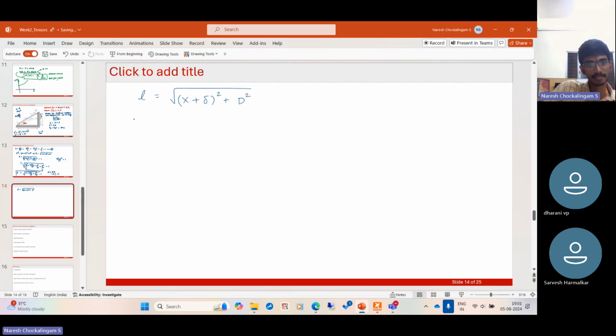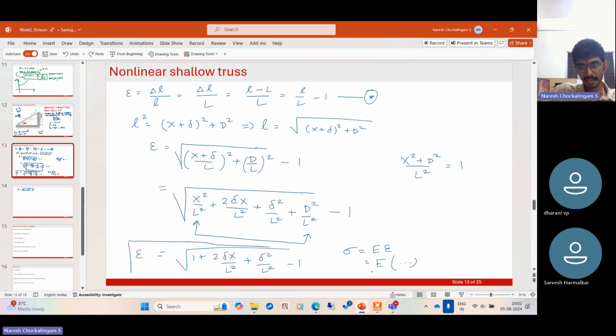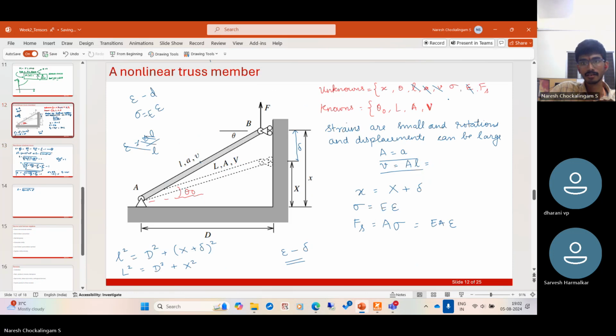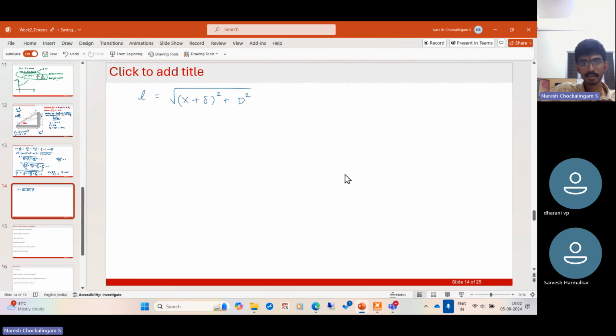And the strain we just got. The stress is E times the strain, and the force in the member is A times sigma. So we can also strike out the force and the stress. The only unknown right now is theta, but let's come to it.